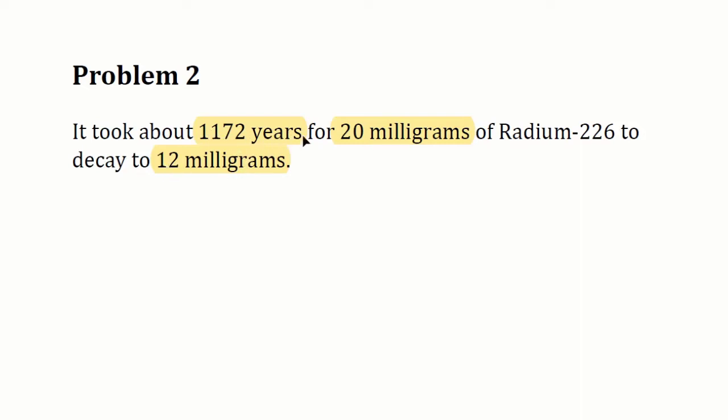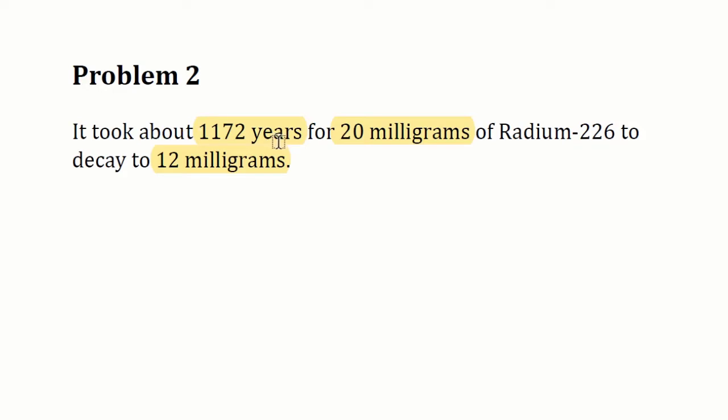I said earlier that we can think of this as some initial amount, and this is some final amount after that many years. We can take that simply in just the way it's described, with standard English wording. We can just treat this as some starting amount, some initial amount, and this is some final amount over that long period of time, 1172 years.